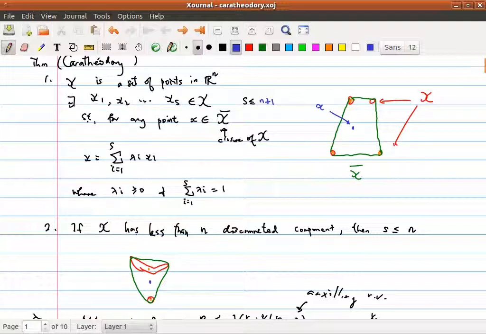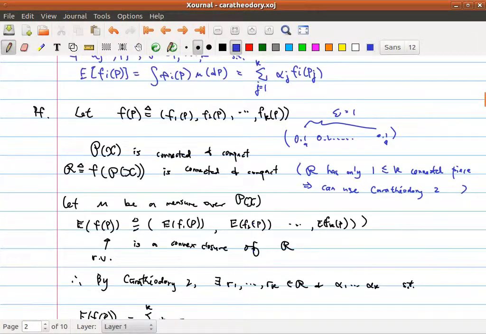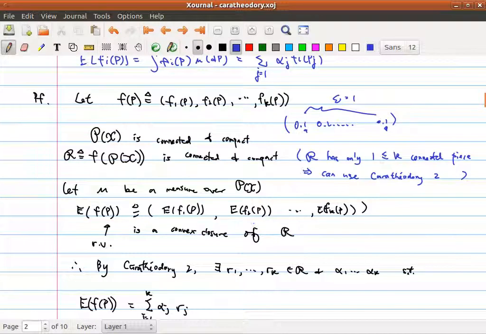It's basically saying that if we have fewer than n connected components, so we only have one connected component, and I have a vector of size k here, then for any element in the convex closure of this k-dimensional set, I only need k points in this f(P), such that any point will be a convex combination of these k points.